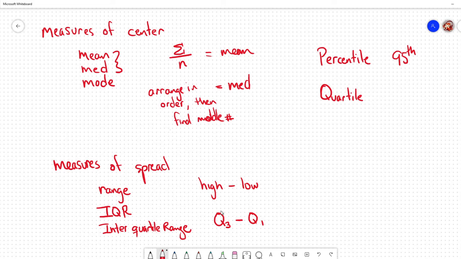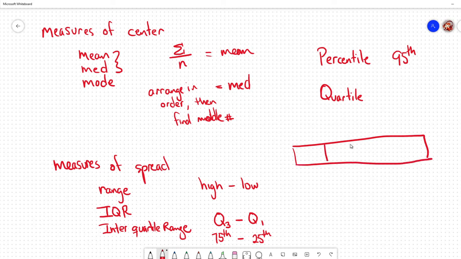So we're going to take our population and divvy it up into quarters. We take the third quartile, the 75th percentile, whatever that value is, and subtract the first quartile, which would be the 25th percentile. Imagine this is the entire population, divvied up into quarters.